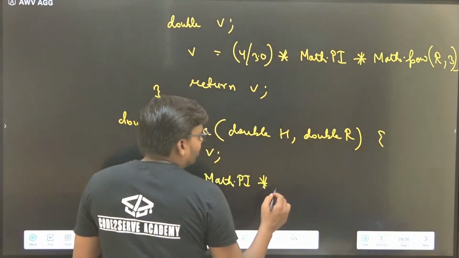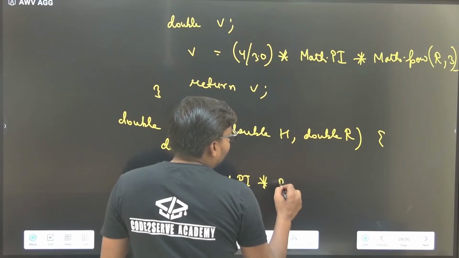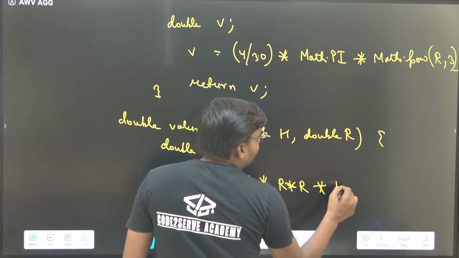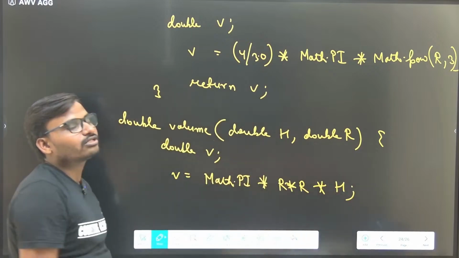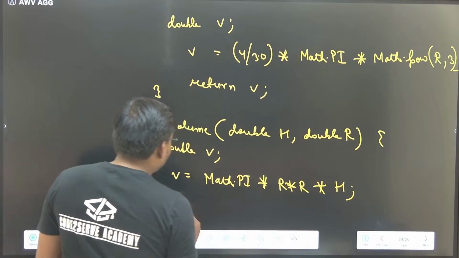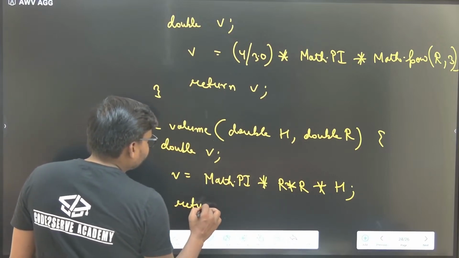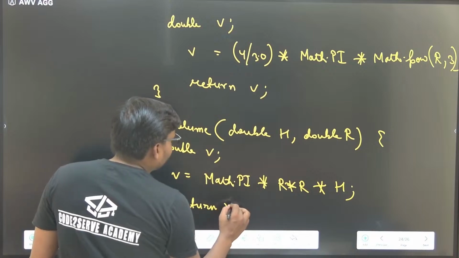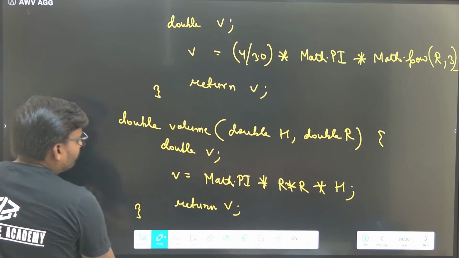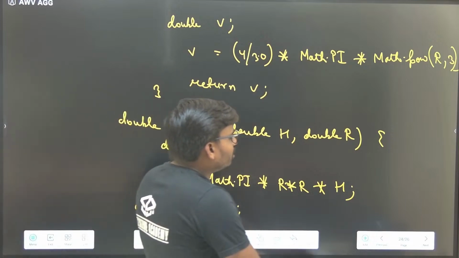You can do r into r into h, or you can use Math.pow(r, 2). That is also correct. Now you will return this, return v. All right. So the second part is also done.